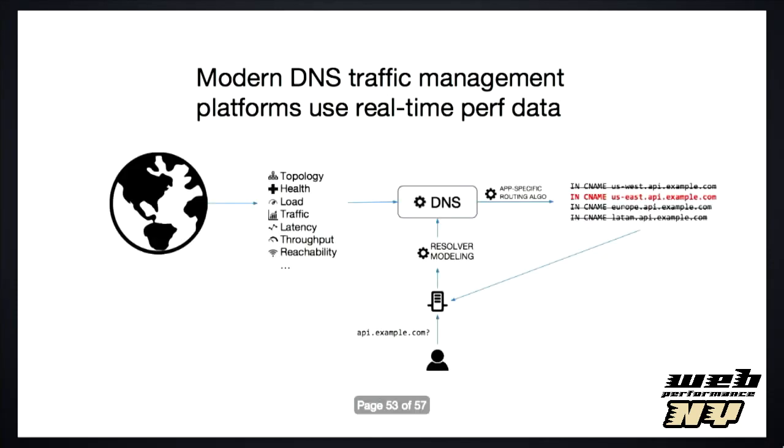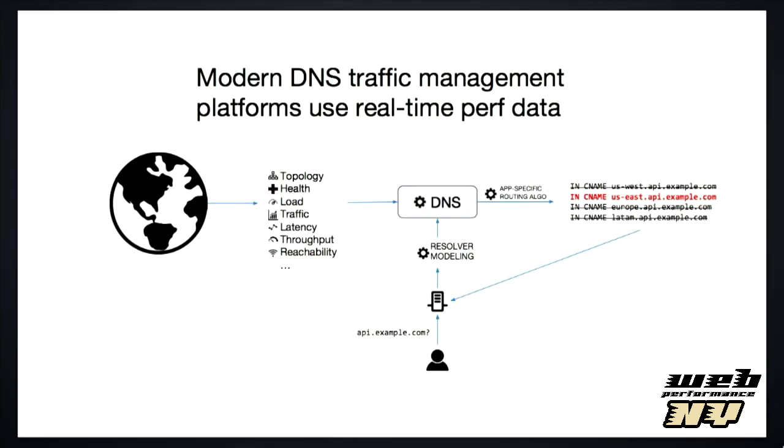Tying this all together, what we're seeing in our platform and a few other modern DNS platforms is this tendency toward what I'd call data-driven DNS traffic management. This is taking in all this data, the infrastructure telemetry and the network telemetry, in real time, and driving decisions with it.